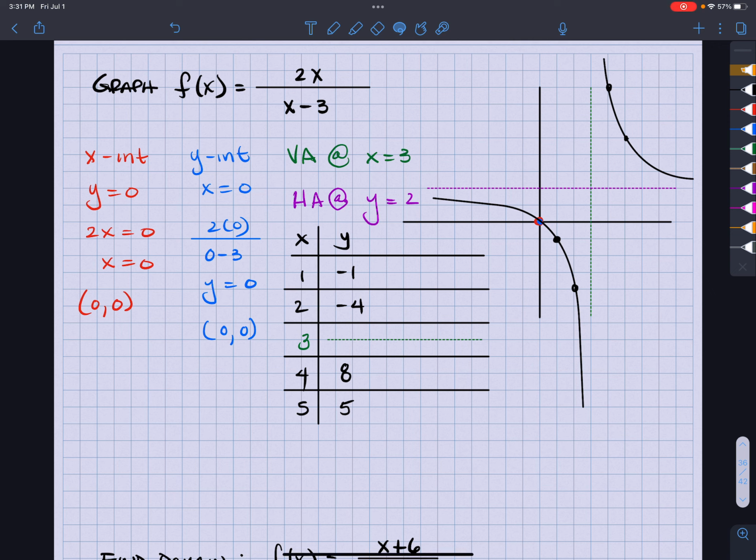All right, so it's probably going to look something like this. If we were to look at the pictures, it looks like it's going to be choice C. And there we go.